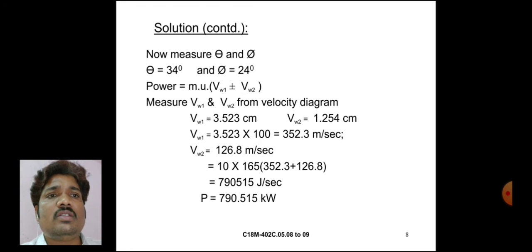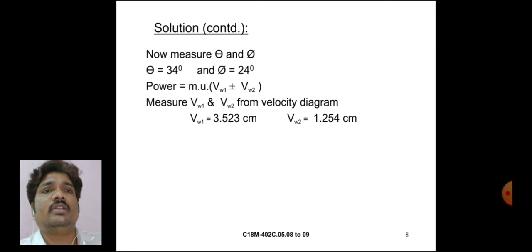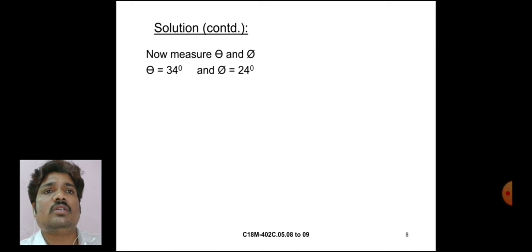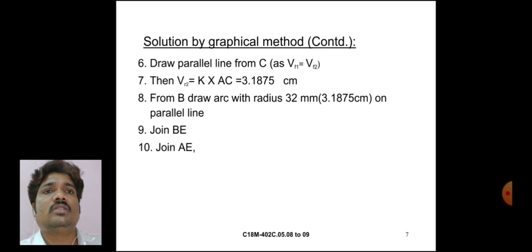Power is 10 into 165, into (352.3 plus 126.8), total 790,515 joules per second. Power is 790.515 kilowatts. The first problem is completed. We solve the next problem, the second problem.